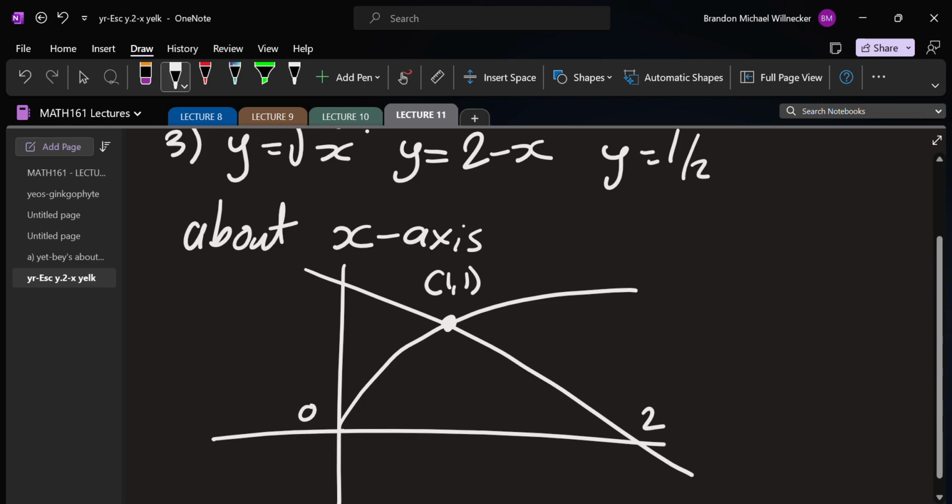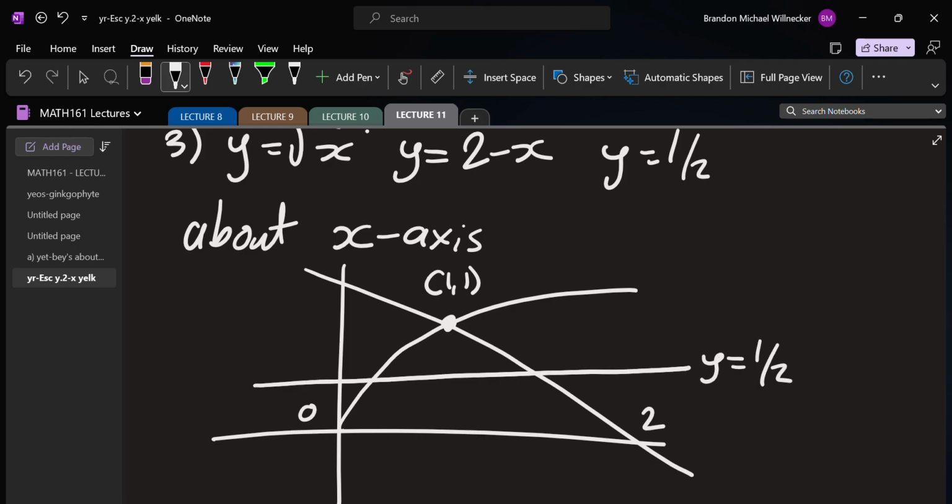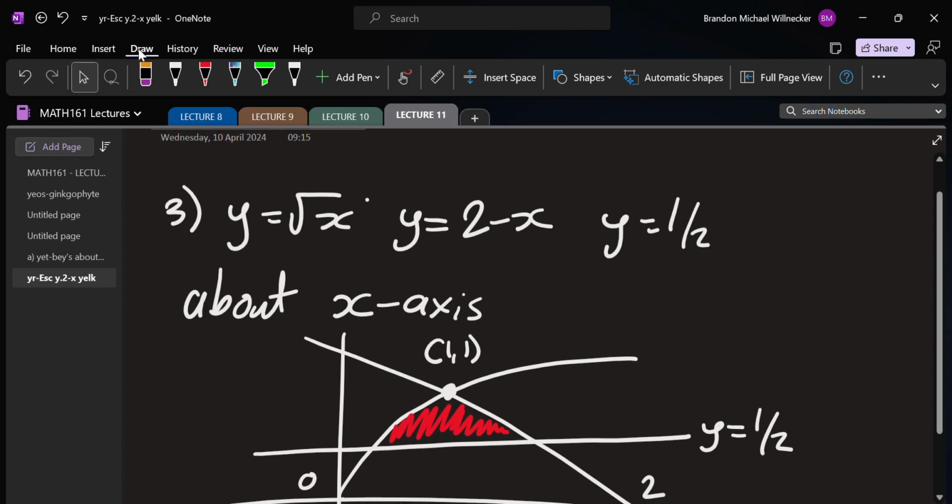Over here this is going to be 1, 1, and here that's just going to be 2. We also need to sketch y equals a half, that's going to be here. The intersection of all of those curves is the region of interest, this part over here, that bit in red. That red part is what we need to rotate around the x-axis.